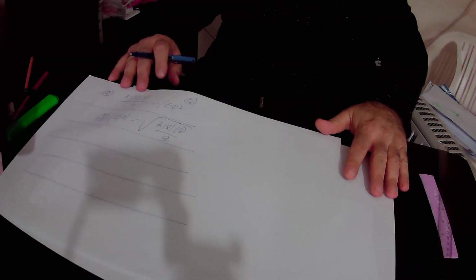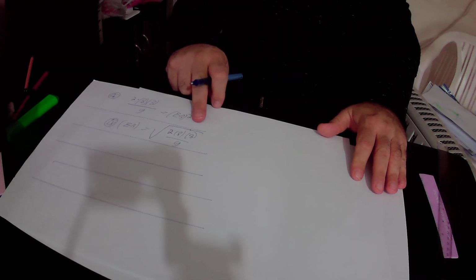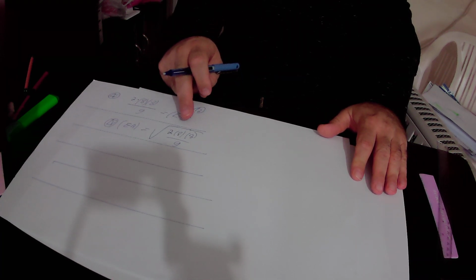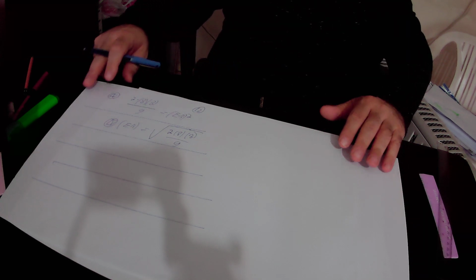So here the square root of 8 times 8 is 8, and the square root of 9 is 3, so I write it down.